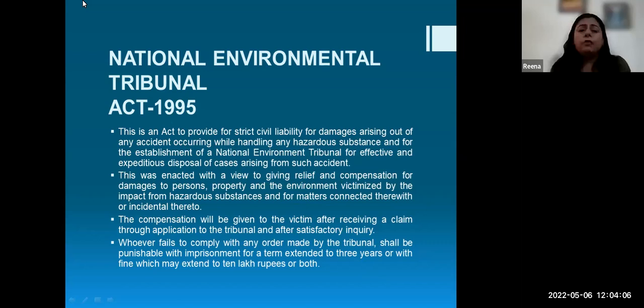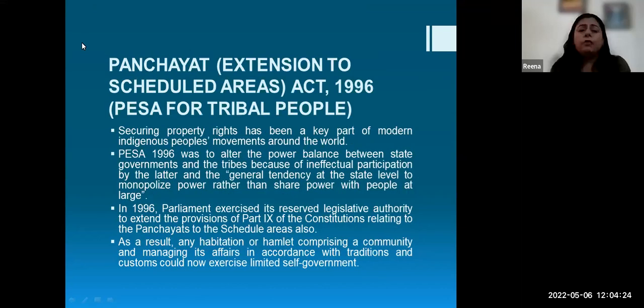Then we have the Panchayat Extension to Scheduled Areas Act, PESA. This is basically for securing property rights for the indigenous people, like the indigenous people movement around the world. And PESA in 1996 was between the state governments and the tribes.